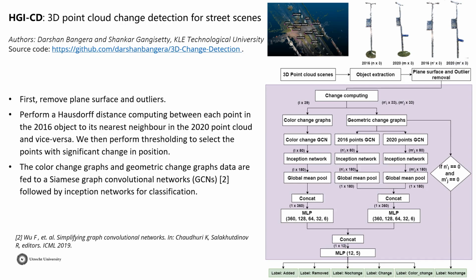The results from the three streams, the color change stream and the point geometries from two different years, are then concatenated and passed to multi-layer perceptrons to generate the output. In the special scenarios where there are no points of significant change in both 2016 and 2020 point clouds, the object is directly labeled as no change.